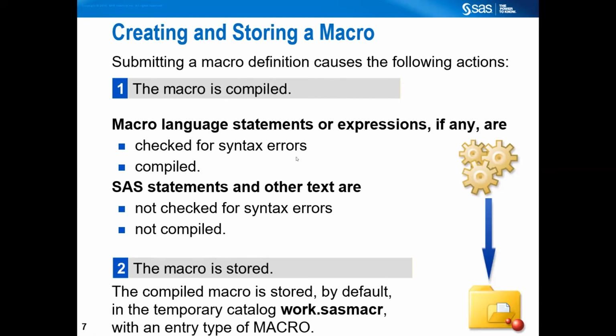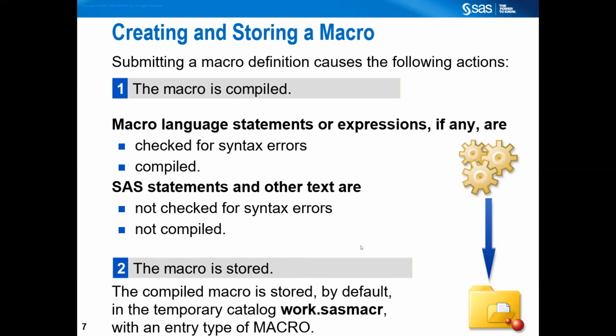What it's trying to tell here is that when we are actually executing or storing your macro, it gets compiled and it gives you the message about whether there are any errors or warnings. So in the first go, it will never execute your macro. It will compile your macro.